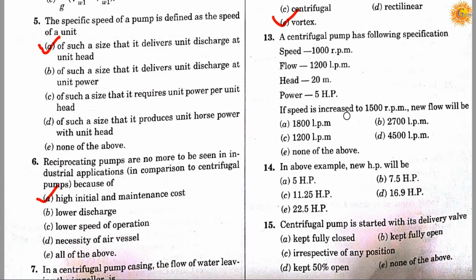If the speed is increased to 1500 rpm, the new flow will be option A, 1800 lpm, option B, 2700 lpm, option C, 1200 lpm, option D, 4500 lpm, and option E, none of the above. So the correct answer is A, 1800 lpm.